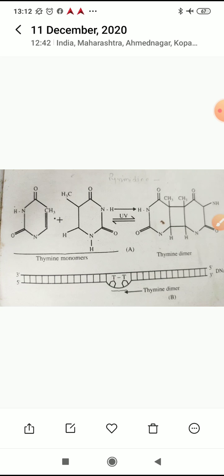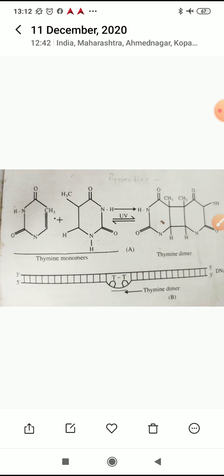Second, tautomerism. Here, a molecule is able to exist in more than one chemical form, a tautomer. UV radiation energy plays an important role to form tautomeric molecules.